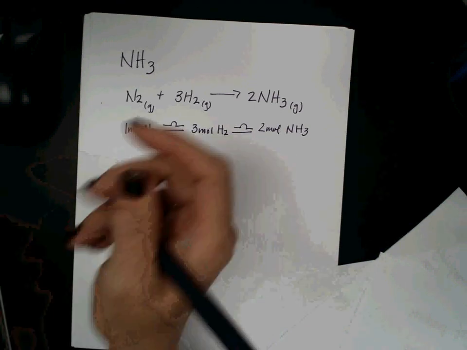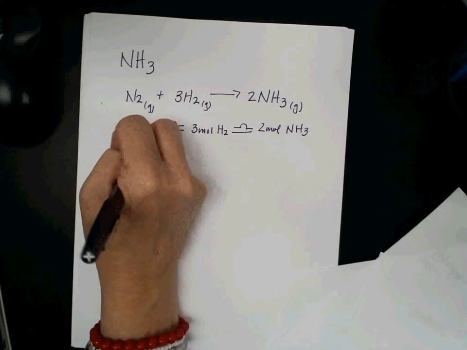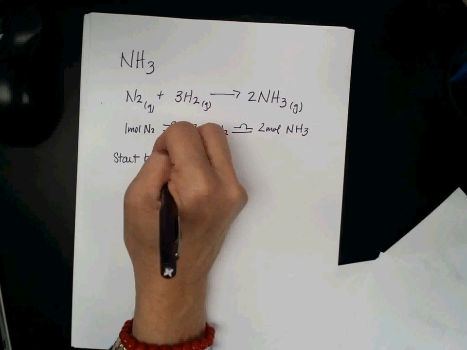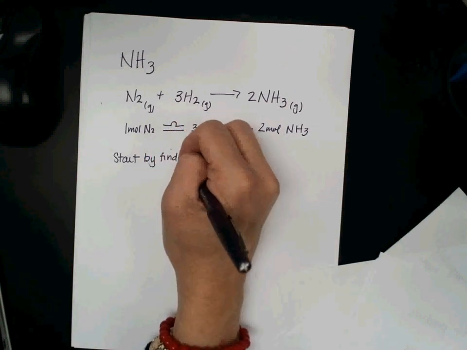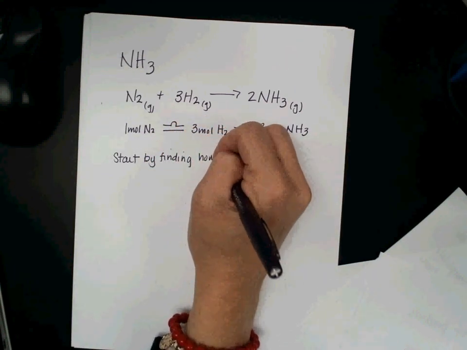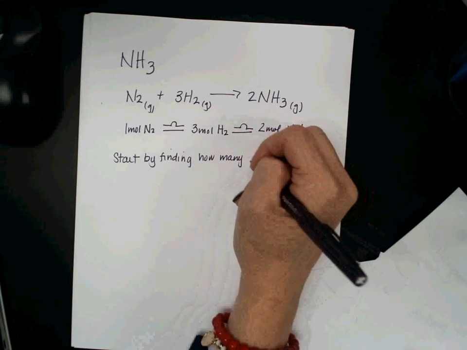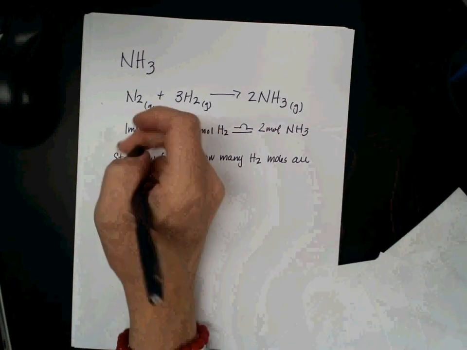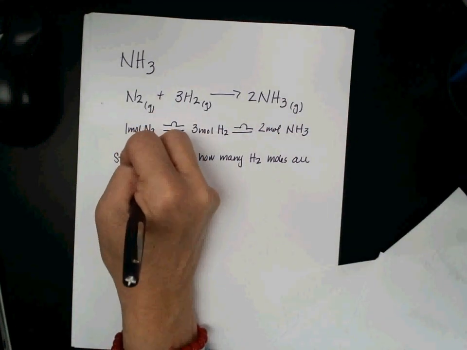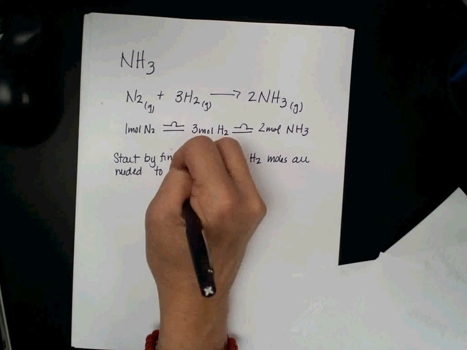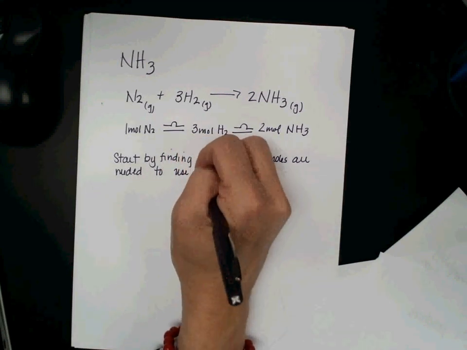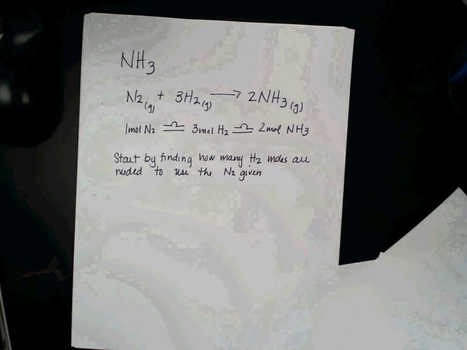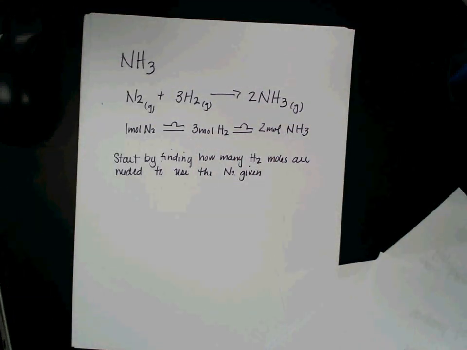So I'm going to start by using what I'm given, by finding how many H2 moles are needed to use the N2 given. And if I can figure that out, then I'll know what my limiting and what my excess reactant are.